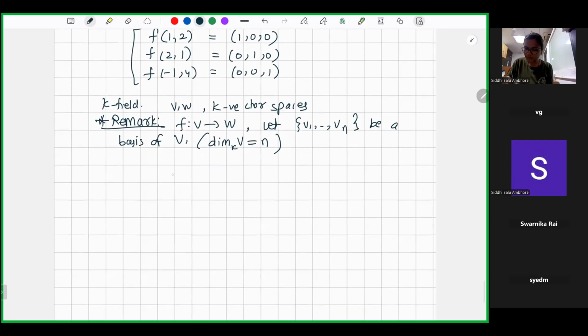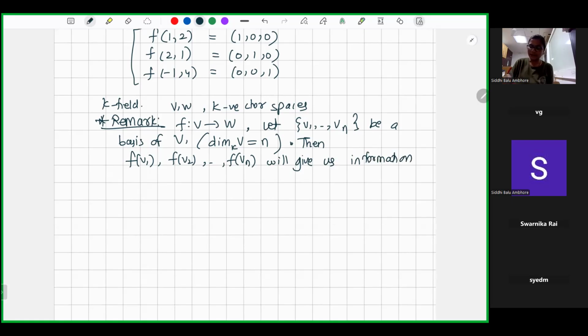Then this f of V1, f of V2, and f of Vn will give us entire information about f.